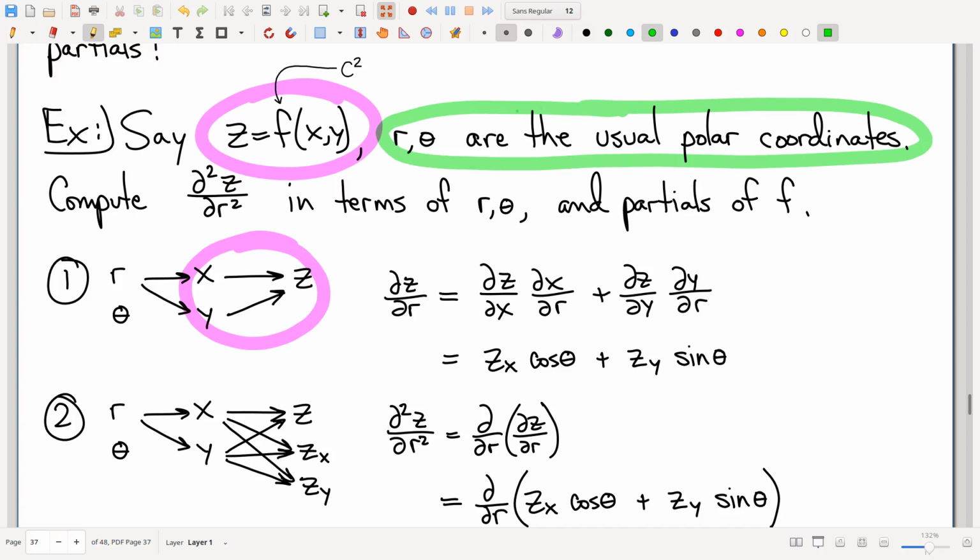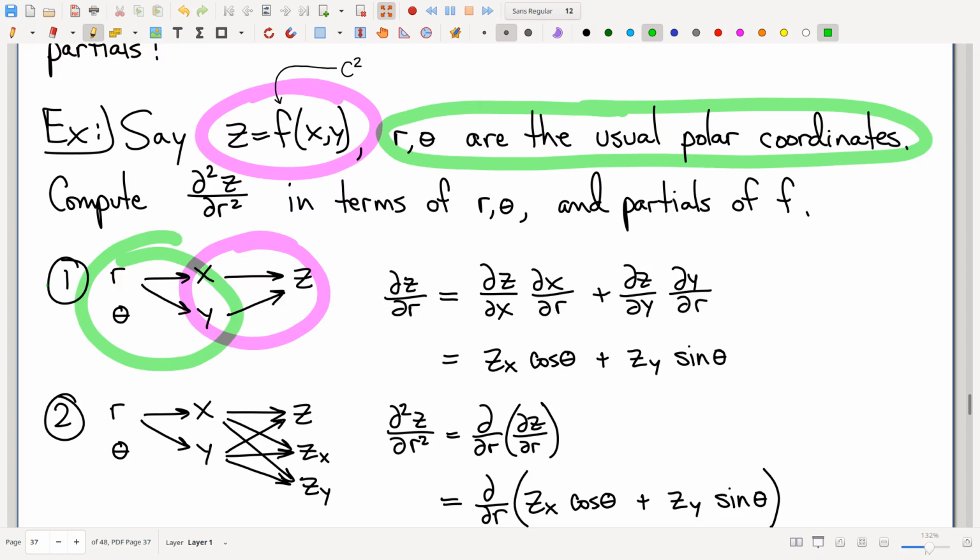Let me remind you, there's different ways to think about polar coordinates. And the one I like to push is this idea that you should think of it as a function, that x and y are these explicit functions of r and theta. So x is r cosine theta, y is r sine theta, right? And so thought of as a function, I have this side then of my diagram.